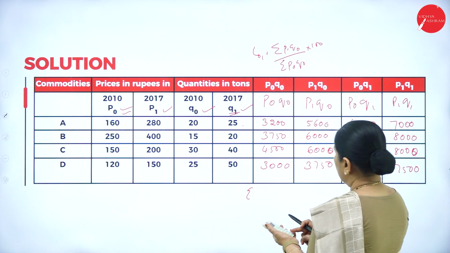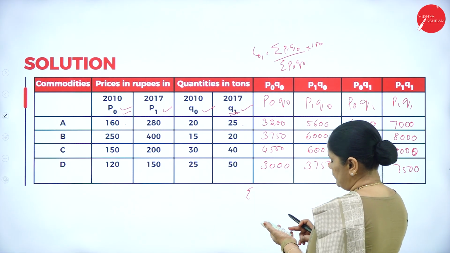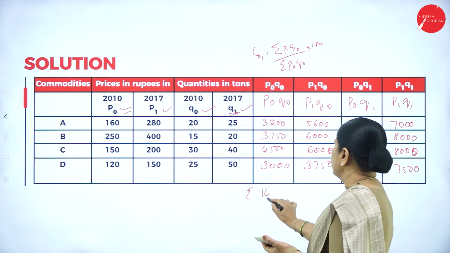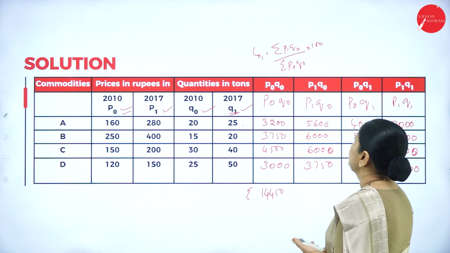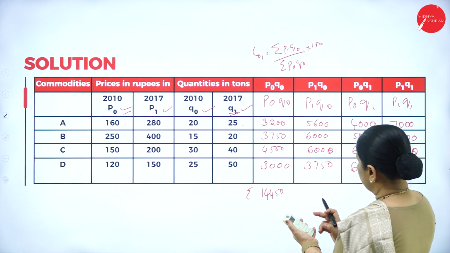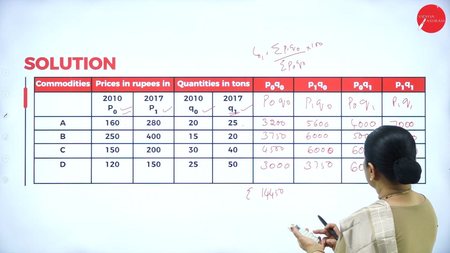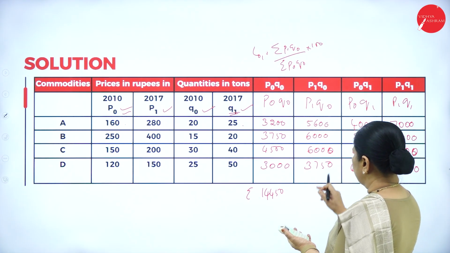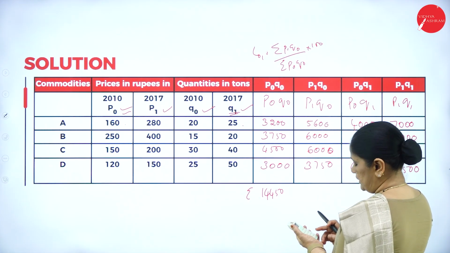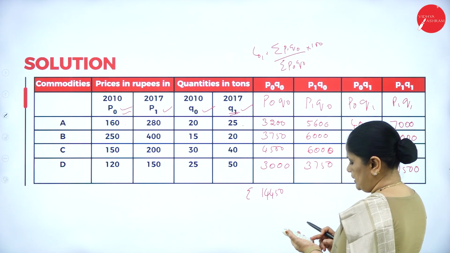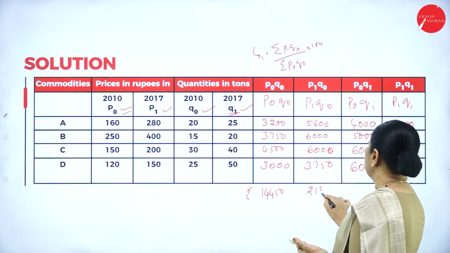So, when we take the aggregate of this, summation P0 Q0, we add all this: 3200 plus 3750 plus 4500 plus 3000, that comes up to 14,450. Next, here we have 5600 plus 6000 plus 6000 plus 3750, that comes up to 21,350.